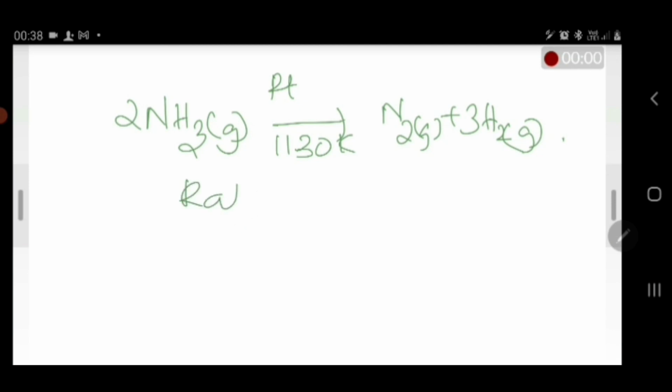Here the rate law could be written as k into NH3 to the power 0 is equal to k. In this reaction, the platinum metal acts as the catalyst. At high pressure, the metal surface gets saturated with gas molecules. So a further change in the reaction condition is unable to alter the amount of ammonia on the surface of the catalyst, making the rate of the reaction independent of its concentration.